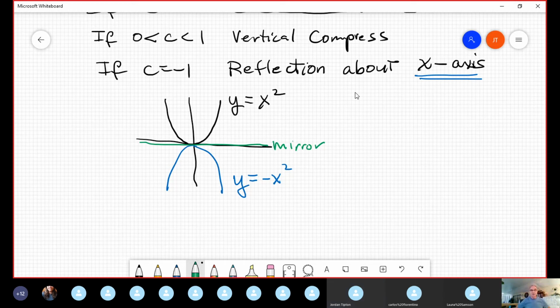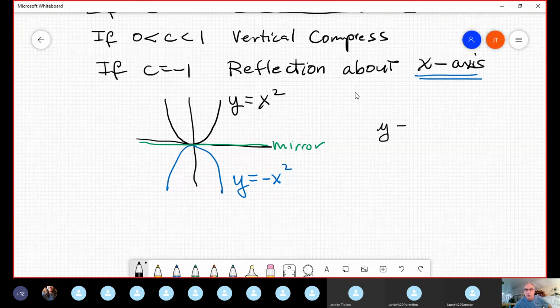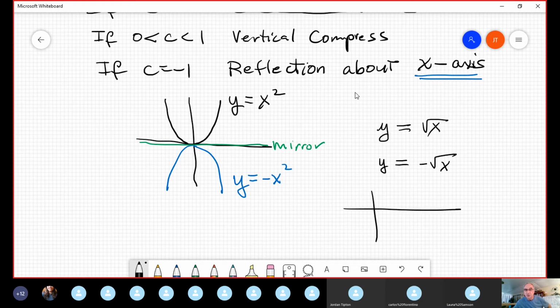This is the last transformation, number 4. When you multiply any function, suppose the square root, and you multiply by negative, the square root is a function like that, the graph. This is this, and negative square root is like that.